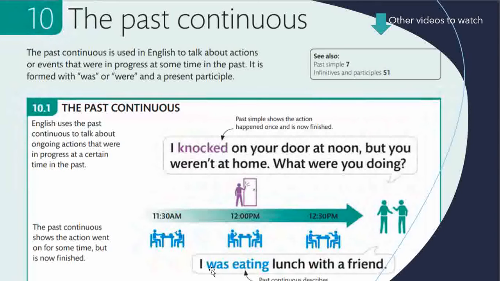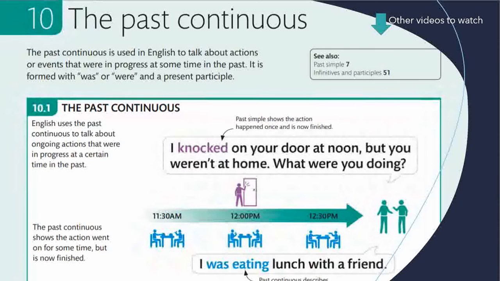I was eating lunch with a friend. So was is an auxiliary, and the present participle is eating. So was eating shows past continuous tense. Past continuous describes an action that continued in the past and finished in the past.